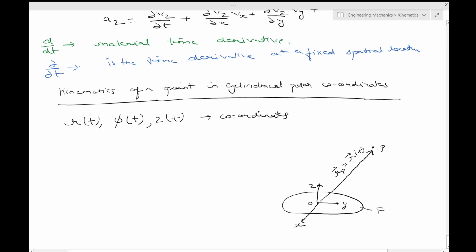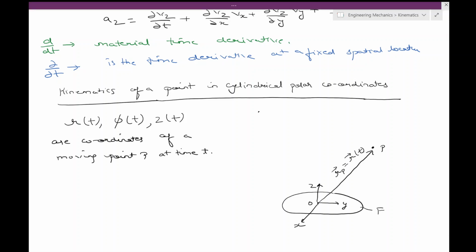So at any given time these are the coordinates of a moving point.